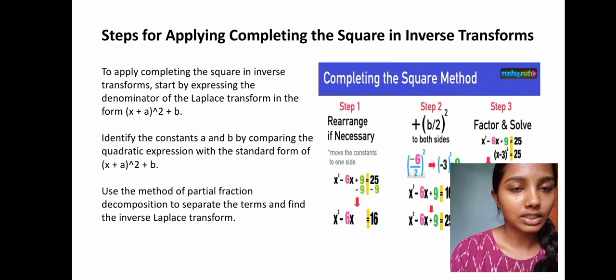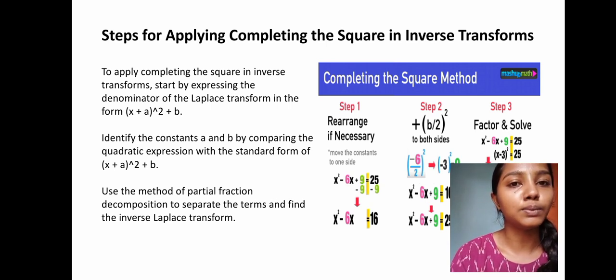Identify the constants a and b by comparing the quadratic expression with the standard form of (x plus a) whole square plus b. Use the method of partial fraction decomposition to separate the terms and find the inverse Laplace transform.